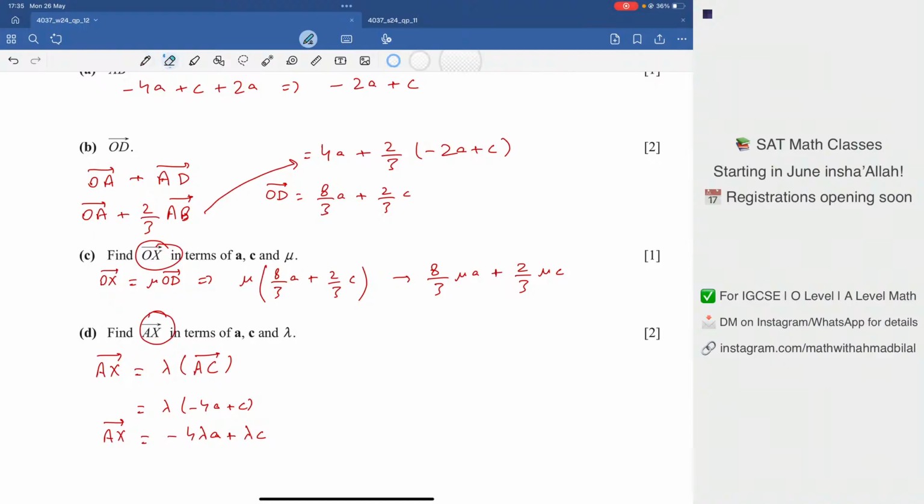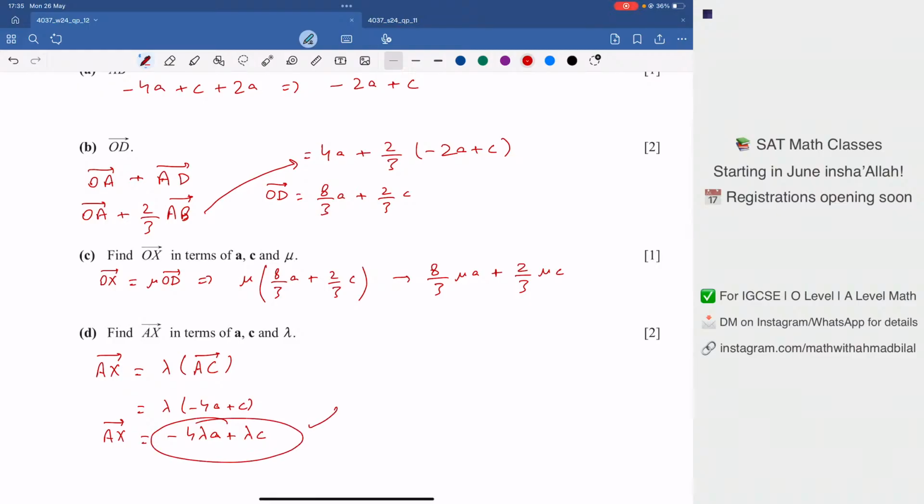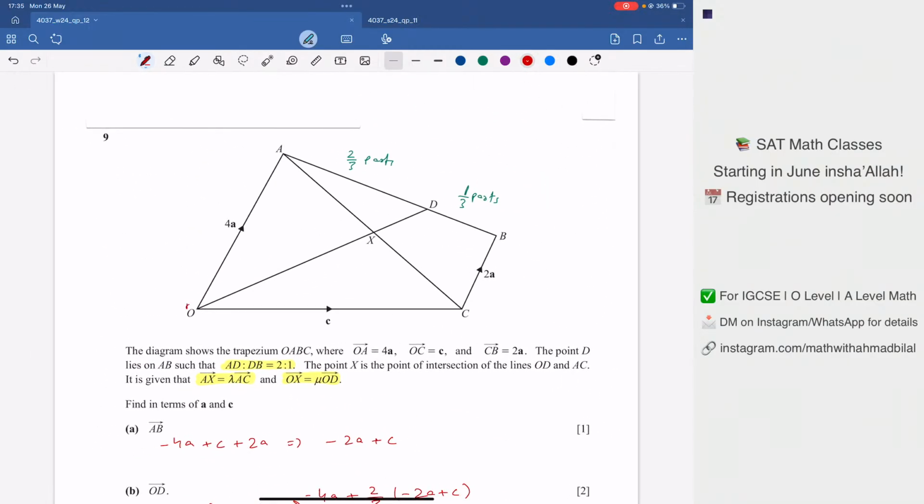We could do that, right? We could say, let's go from O to A and then A to X. If we know the vector AX, then OX would be OA plus AX, right? We go in this direction, OA and then AX.